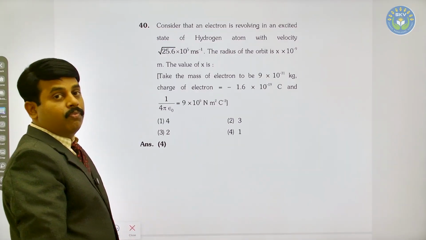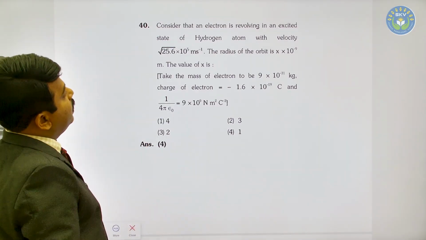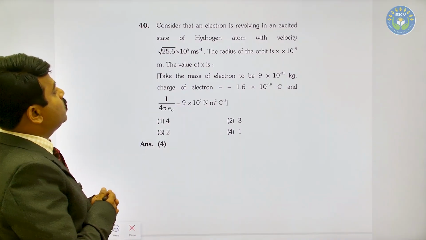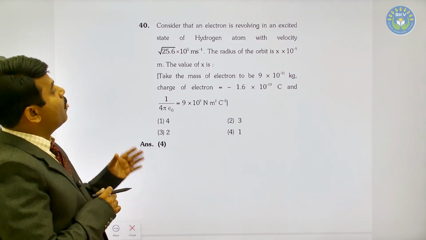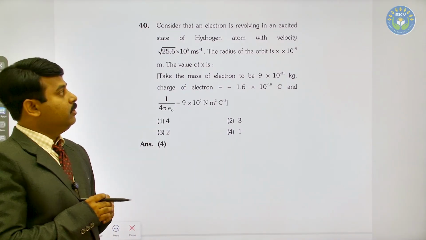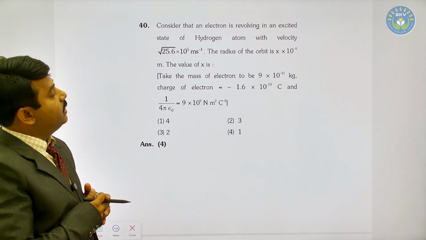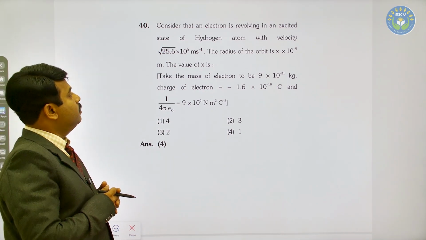All right. Question number 40. Consider an electron revolving in an excited state of a hydrogen atom with velocity given. The radius of the orbit is x into 10 raised to minus 9 meter.